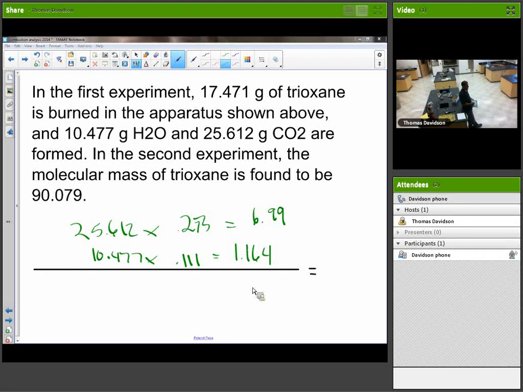And then I added those together, and I got something I never wrote down. Yeah, I never wrote it down, but I subtracted this answer from 17.471 because my initial mass minus what I already know will tell me my mass of oxygen, and my answer ended up being 9.31. Sound good?